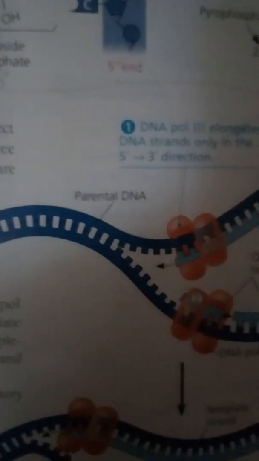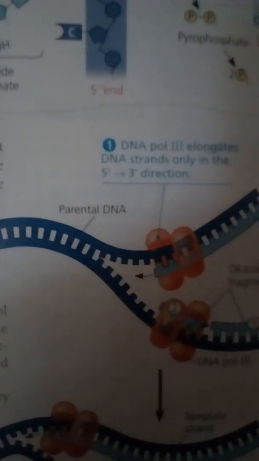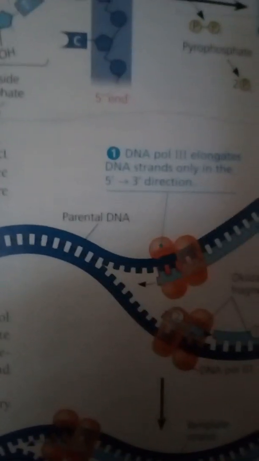Synthesis of leading and lagging strands during DNA replication: DNA polymerase 3, or DNA pol 3, is closely associated with a protein that encircles the newly synthesized double helix like a donut.